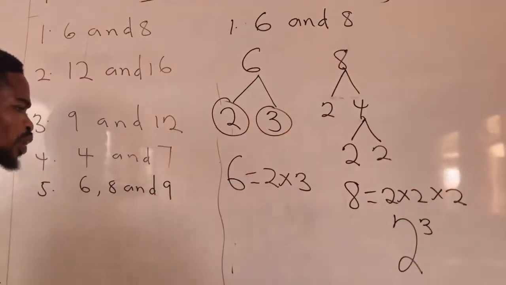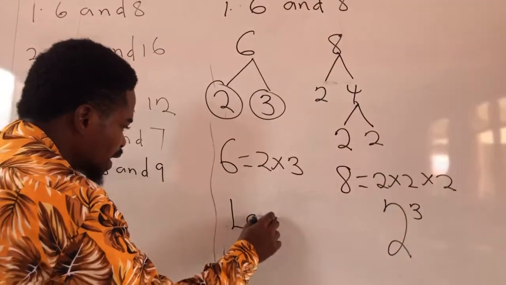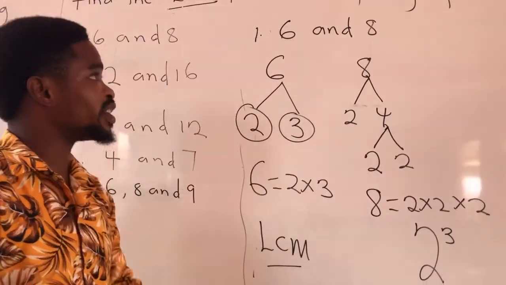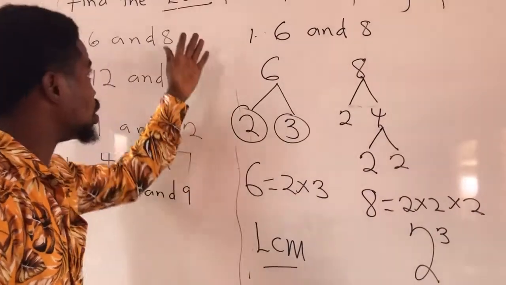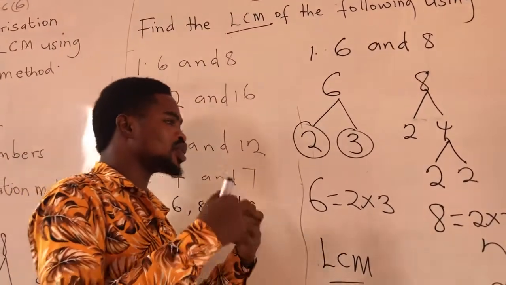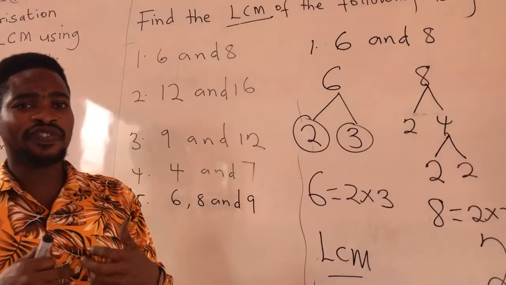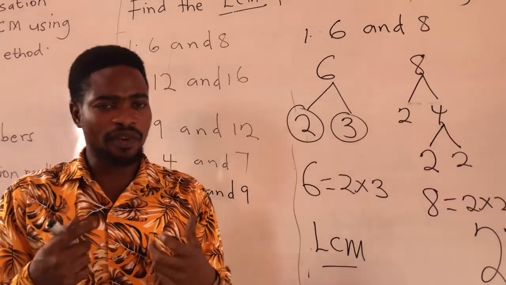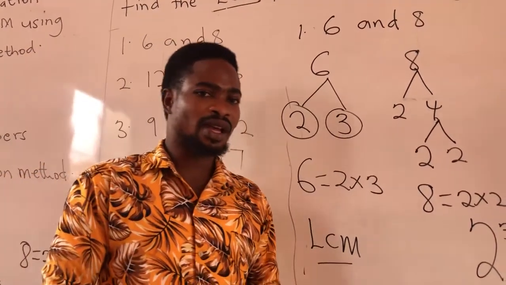Now, we are looking at the LCM. When we are finding LCM under prime factorization, we are looking at the highest power of each common factor and the other factors as well.